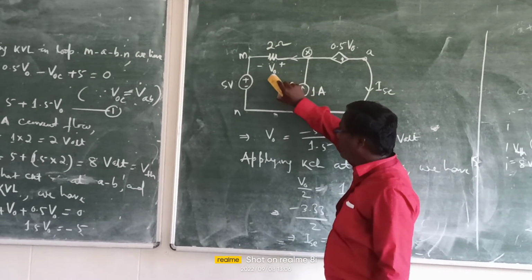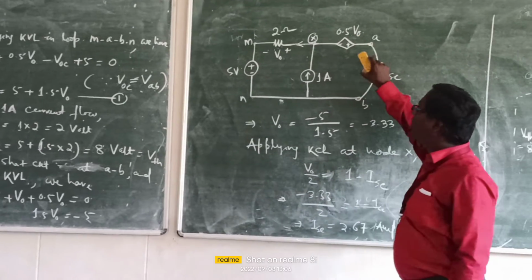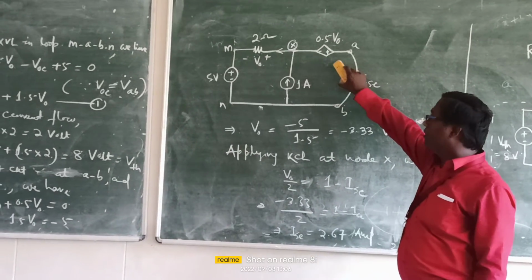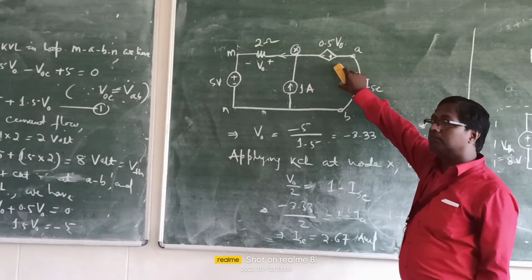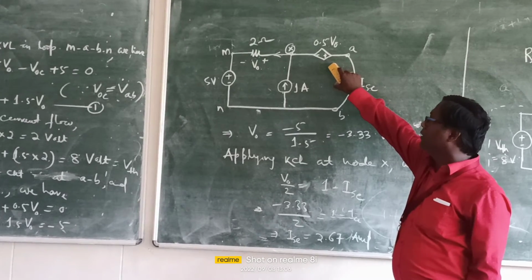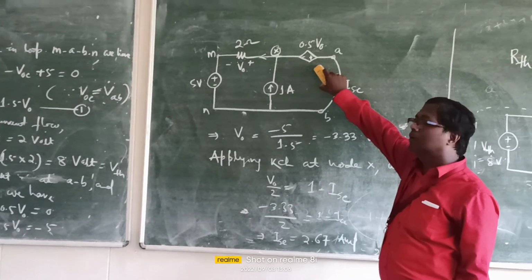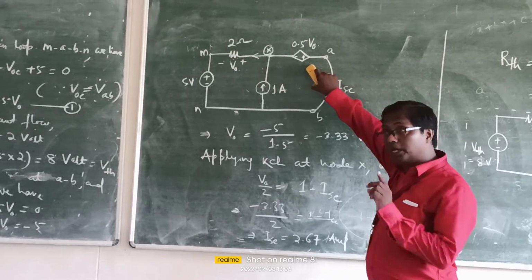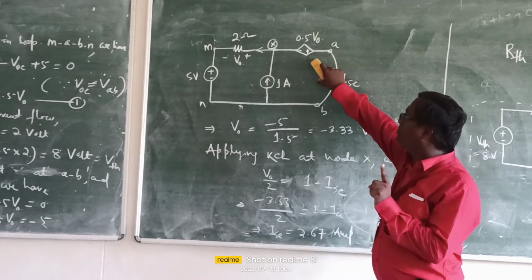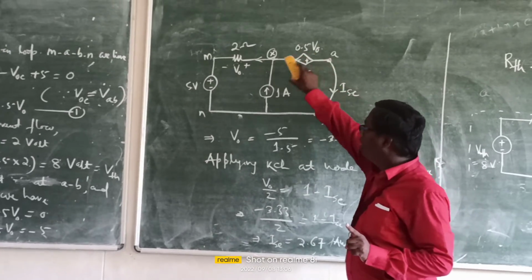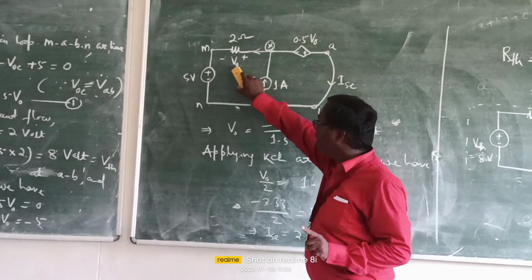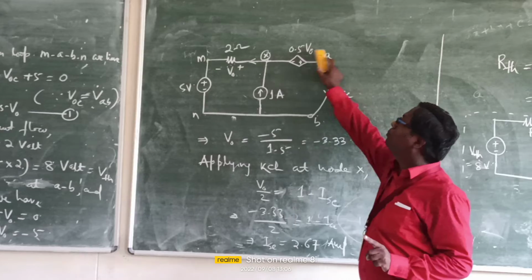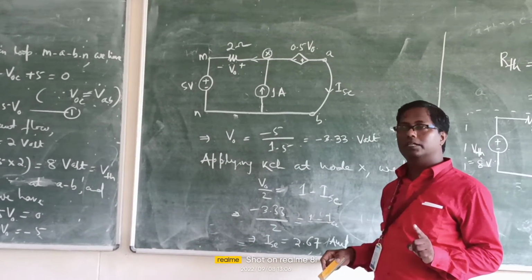Once we get the value of V0, we can find the value of 0.5 V0, because the source C comma D is a dependent source, a voltage dependent voltage source, since this voltage depends upon V0. If V0 varies, then 0.5 V0 will vary. Yes or no?